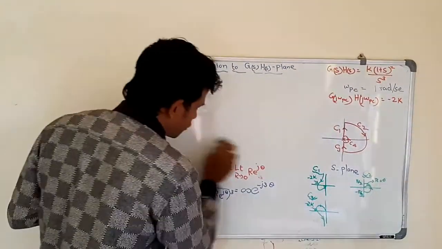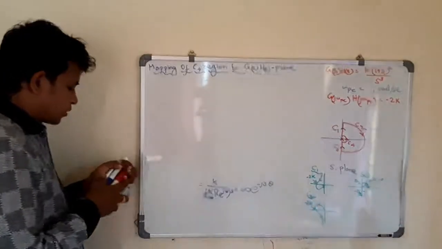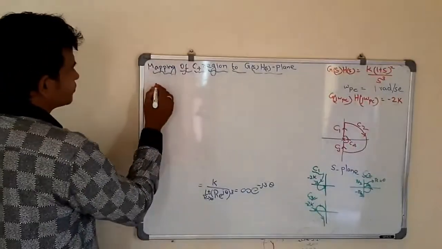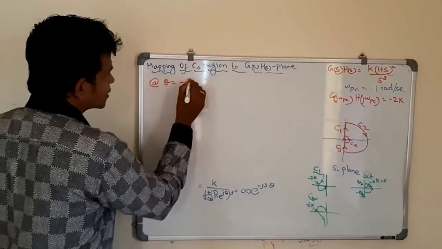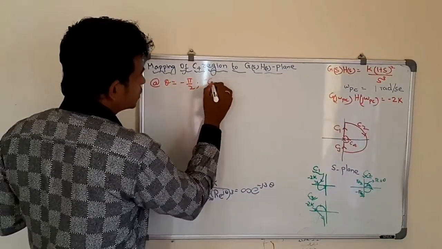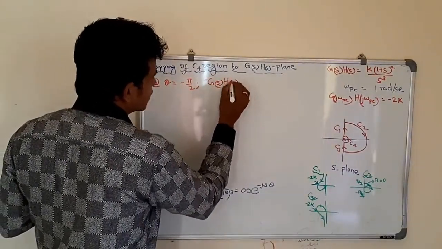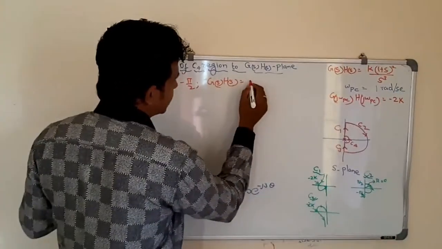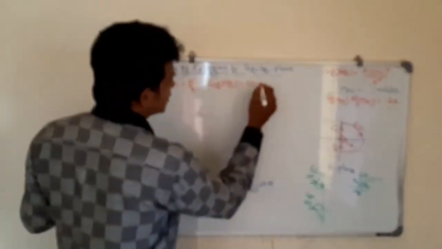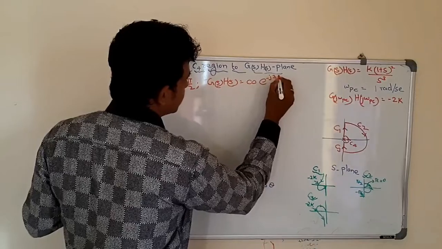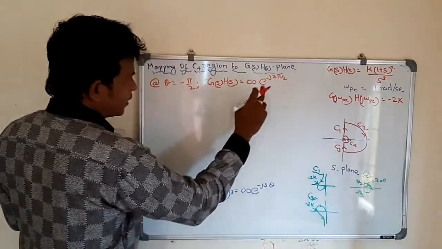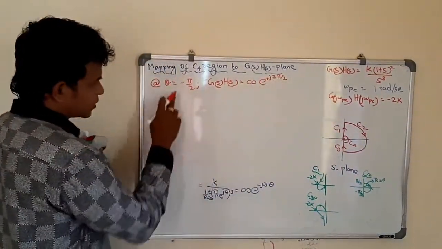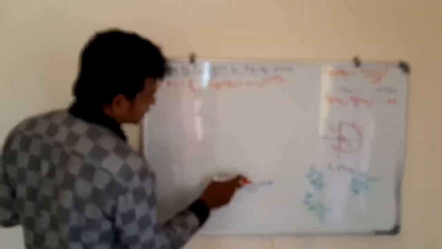Okay, so now I am substituting at theta equal to minus pi by 2. I have got GsHs equal to, the radius is infinity, and it is e power minus j 3 pi by 2. Sorry, e power plus j 3 pi by 2, because minus into minus is plus, j 3, replacing theta by pi by 2.